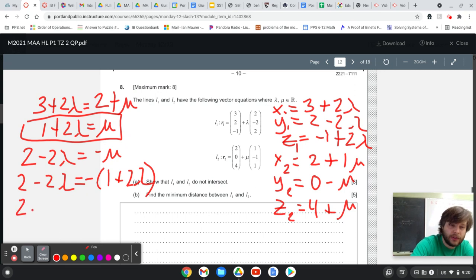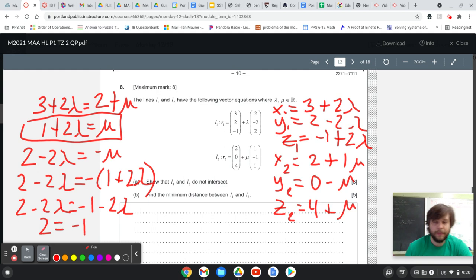Distribute the negative and you'll see why they don't intersect. 2 minus 2 lambda equals negative 1 minus 2 lambda. Add 2 lambda to both sides and you get 2 equals negative 1. What that's stating is that the only way these lines intersect is if 2 equals negative 1. Well, 2 does not equal negative 1, therefore the lines do not intersect. And there we go. That's the first part of it.